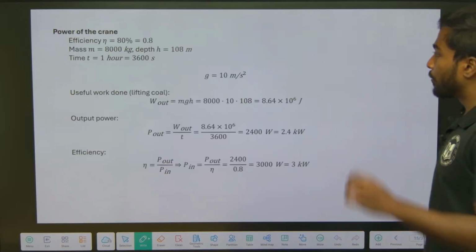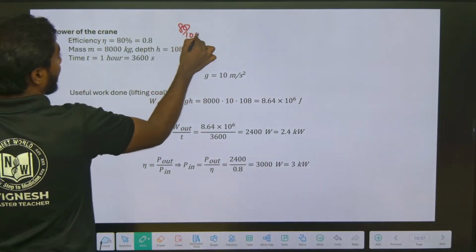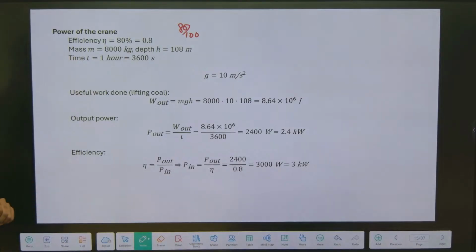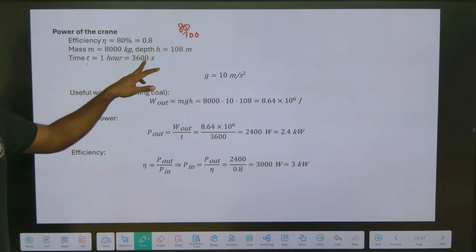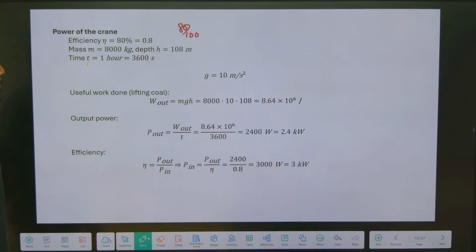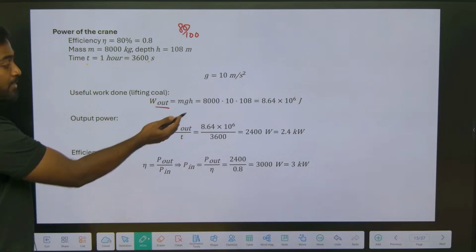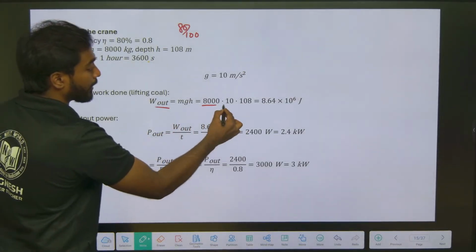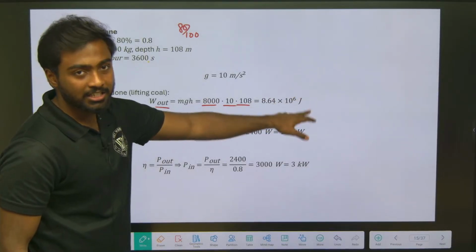Efficiency of 80% means 80 by 100, which is 0.8. Mass is 8,000 kg, depth is 108 meter, and time is 1 hour, which is 3600 seconds. Work done to lift the coal is mgh: 8,000 into 10 into 108, which is 8.64 into 10 power 6 joules.